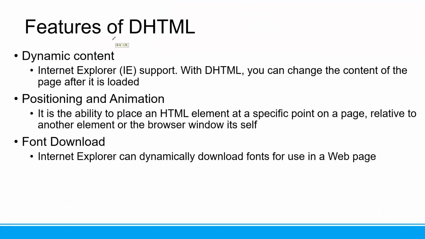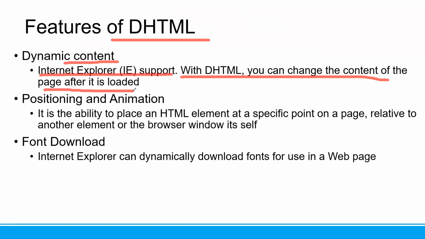So DHTML is the dynamic content. There are many browsers that support this dynamic content. The proposed idea was from Microsoft, with Internet Explorer, which has now been modified to Edge. It supports that. With DHTML, you can change the content of the page after it is loaded. And you can make some kind of animation.